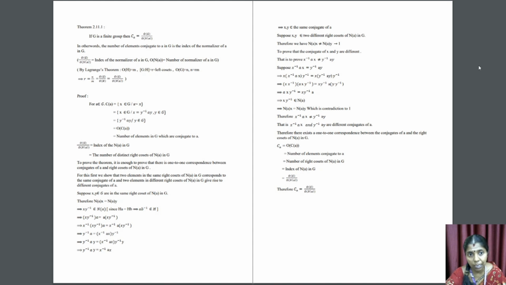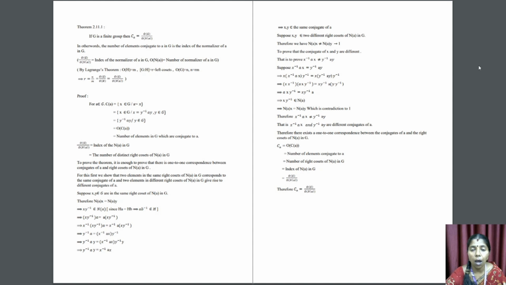Okay, now we see the proof. For a belongs to G, C(a), by definition, is the set of elements x belongs to G such that x equals y inverse a y, y belongs to G, the conjugates. That equals {y inverse a y : y belongs to G}.